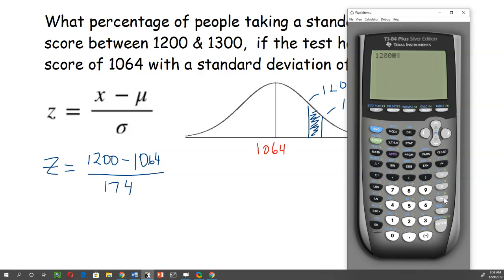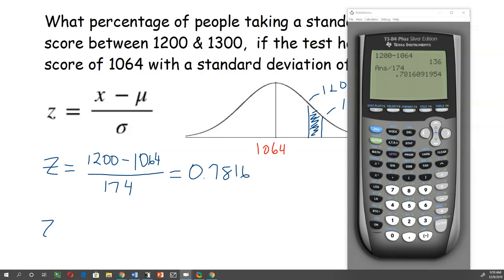So 1200 minus 1064, and we're going to divide by 174, which is our standard deviation, and that's going to give us a Z-score of approximately 0.7816.